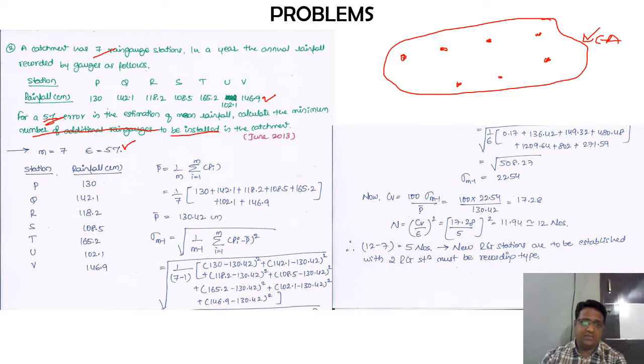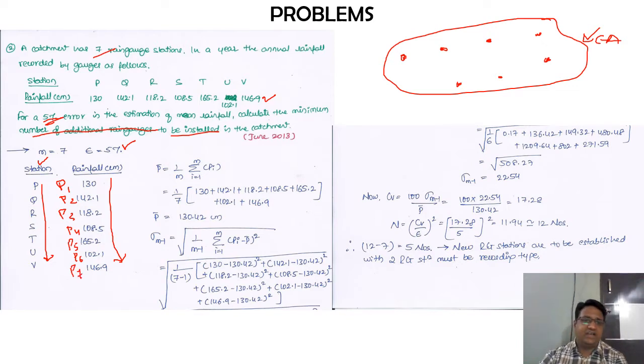Keeping the same trend as previously, the station names are already given, and the amount of rainfall data collected from them is also given. Now if I write it down, this is P1, this will be P2, here P3, P4, P5, P6, and lastly P7.